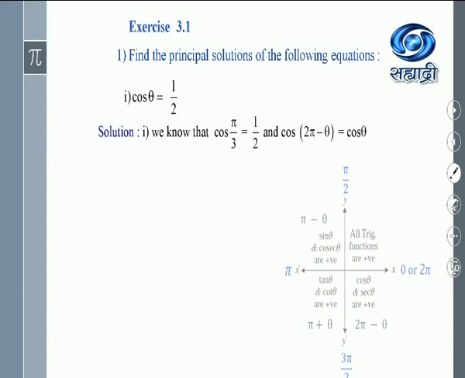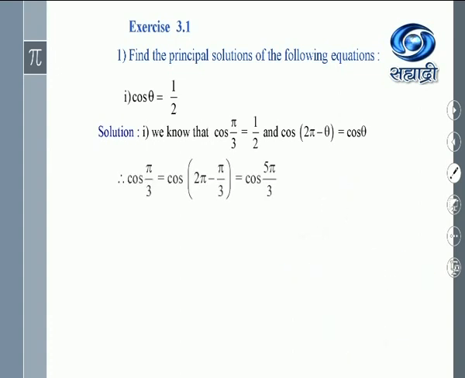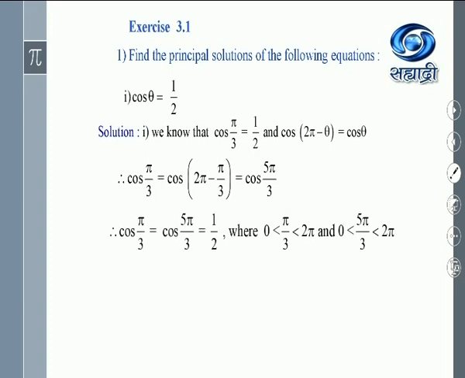So here we got the two angles. What are those? Cos pi by 3 is equal to cos of 2 pi minus pi by 3, and find out the difference, that is cos of 5 pi by 3. Okay, so cos pi by 3 is the same as cos of 5 pi by 3, which is equal to 1 upon 2.